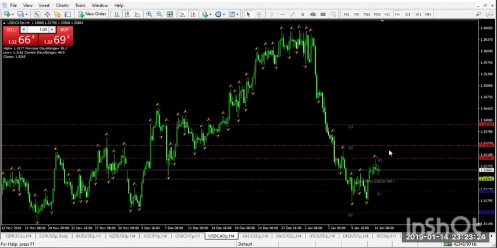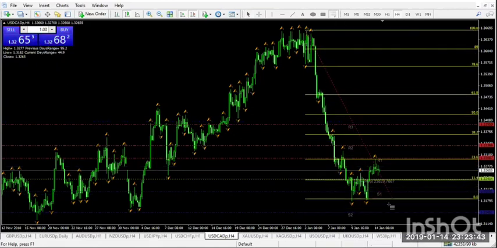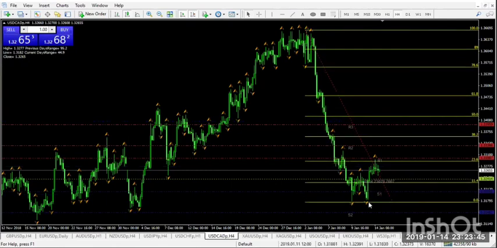In one day, the price could usually touch the R2 level at maximum. It's very rare for the price to touch R3. But if it touches R3, you're going to have a decline and it's going to go back to R1.